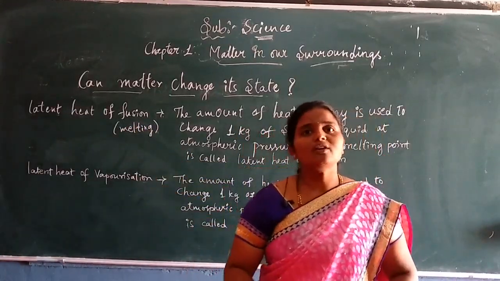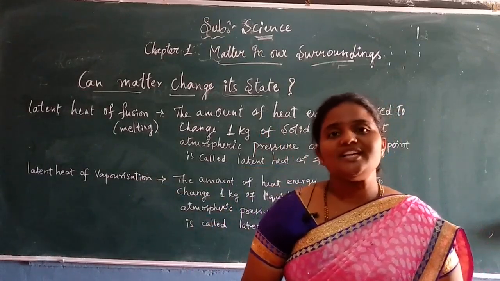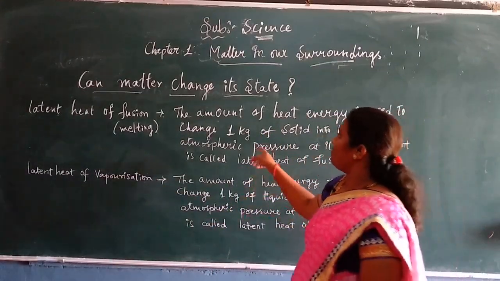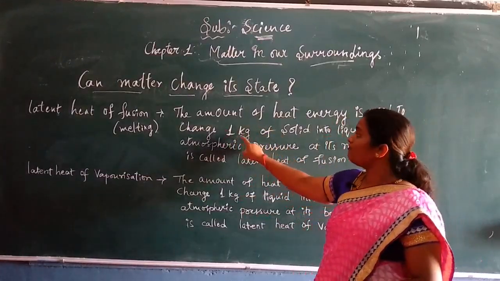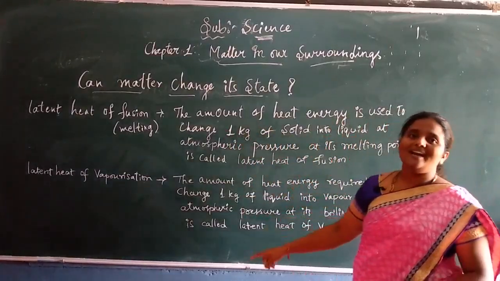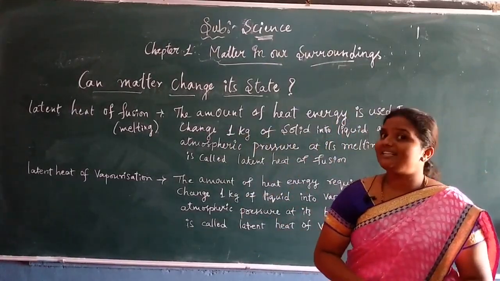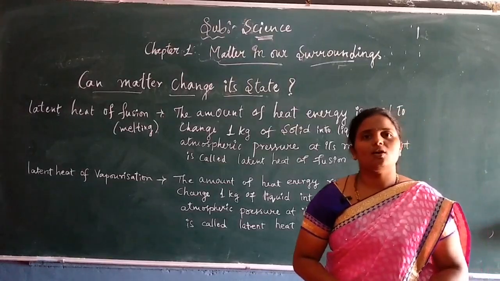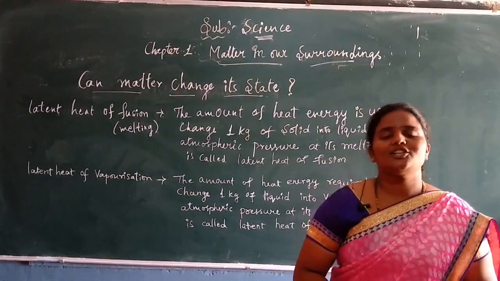The amount of heat energy required to change 1 kg of a solid, we need to take some particular value, so we are using 1 kg of a solid, into liquid at atmospheric pressure at its melting point is called latent heat of fusion.